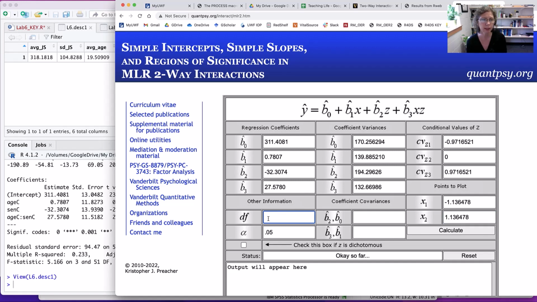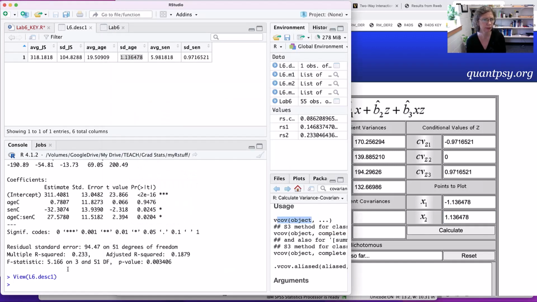Degrees of freedom, again, they do give it to you right here, or if you need to calculate it, it's going to be the sample size minus how many predictors you have minus 1. So my sample size is 55, minus 3 predictors would be 52, minus 1 would be 51.